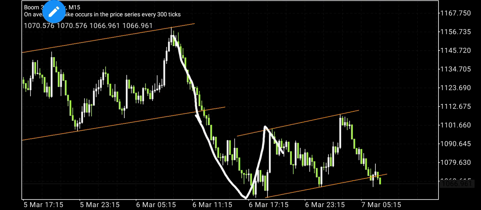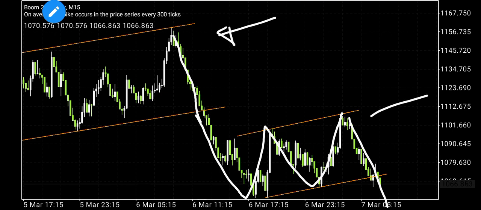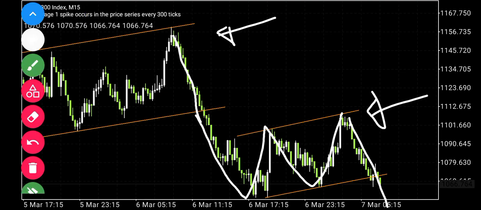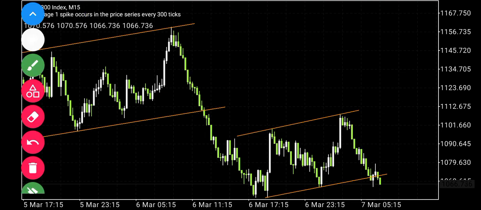Then now price is trying to correct so that it can continue further to the downside. So this was our first entry, which is a risk entry, and the second one will be our reduced risk entry, since we have got a lot of confirmation to get in within this trading.